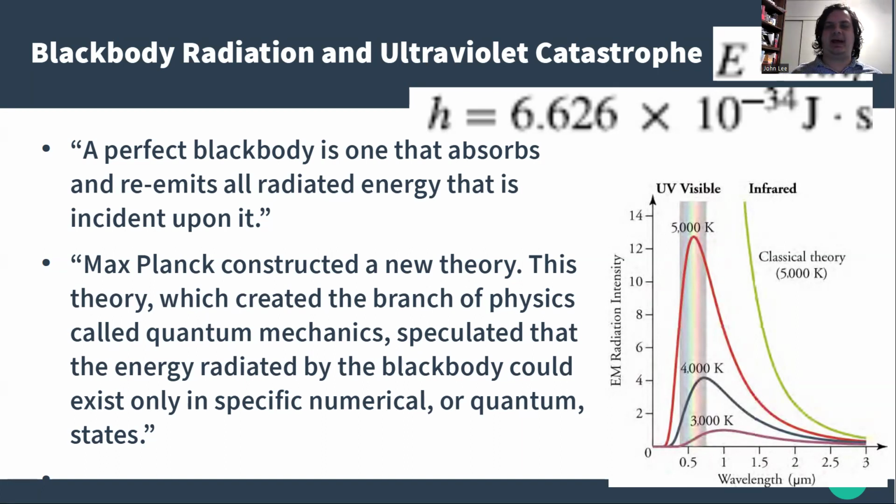And what that means is that if the sun absorbs and re-emits all radiated energy, then looking at this graph, looking at this diagram, we see that it peaks right in the middle of the visible spectrum.